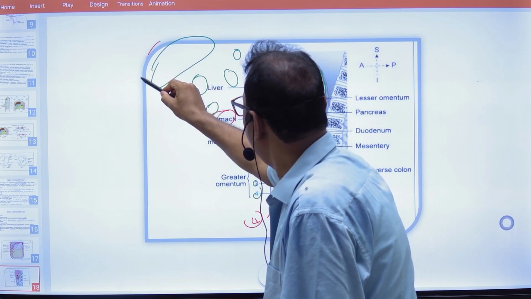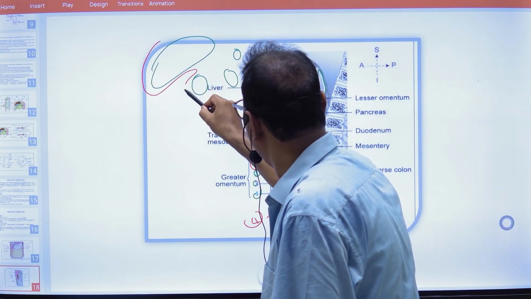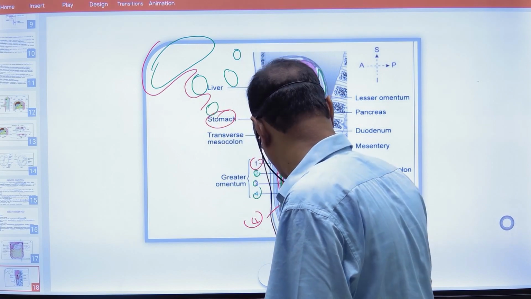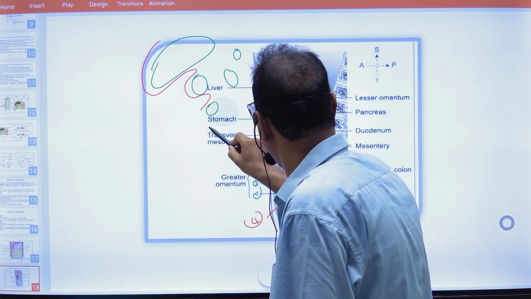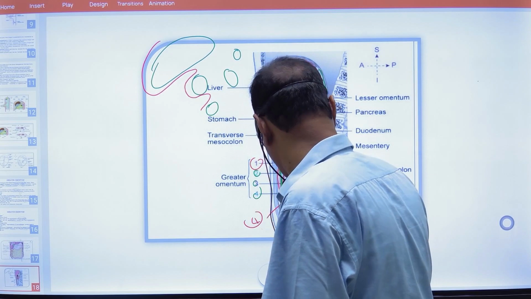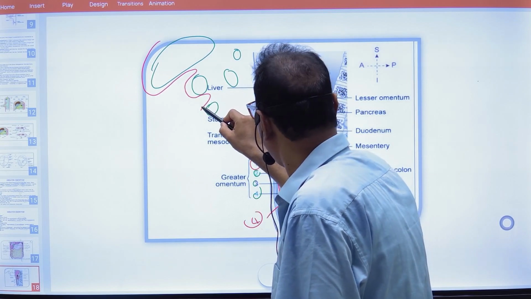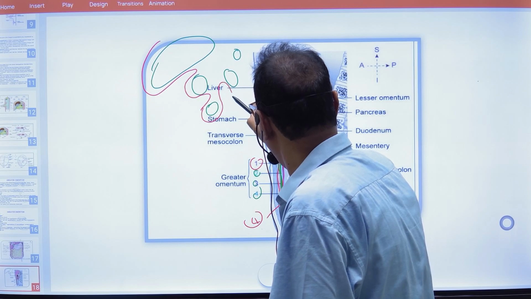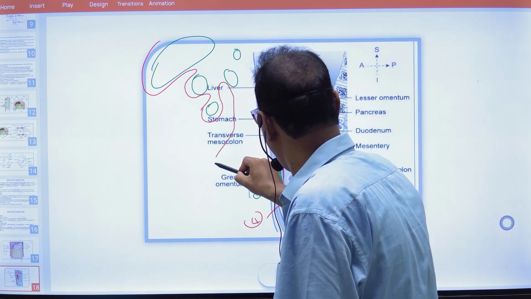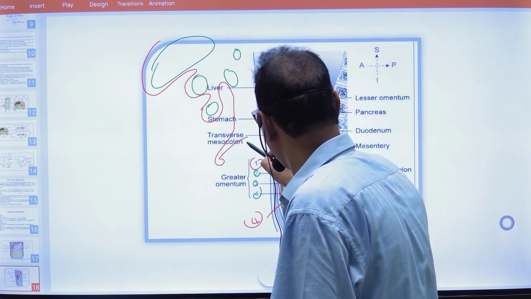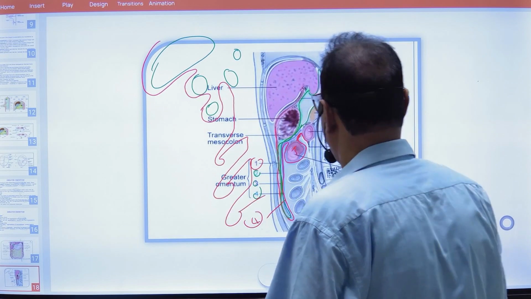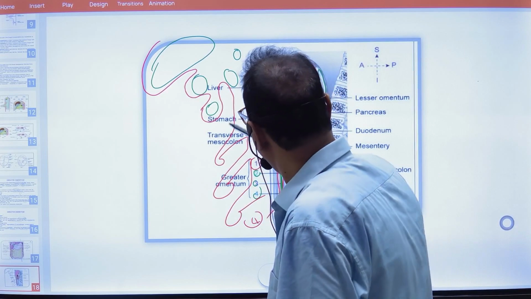Coming down from the liver, it will encircle the stomach, and from the transverse colon, it will go like this up to the duodenum.